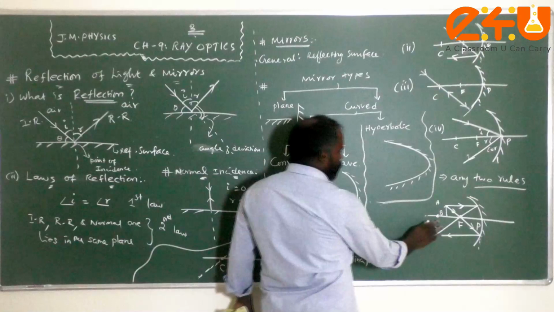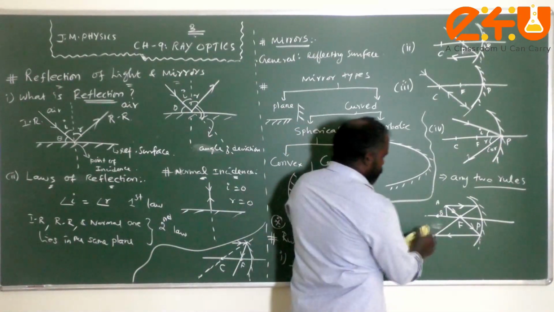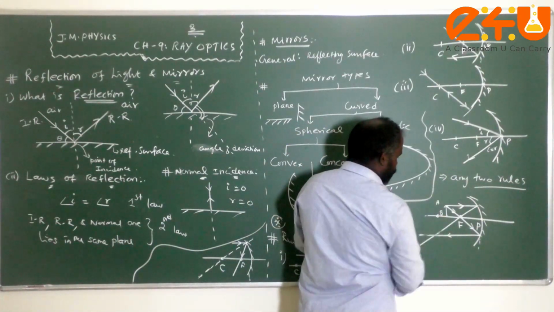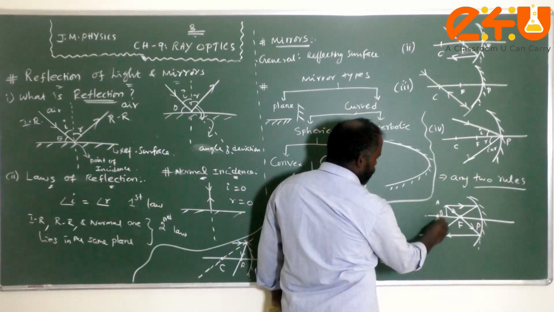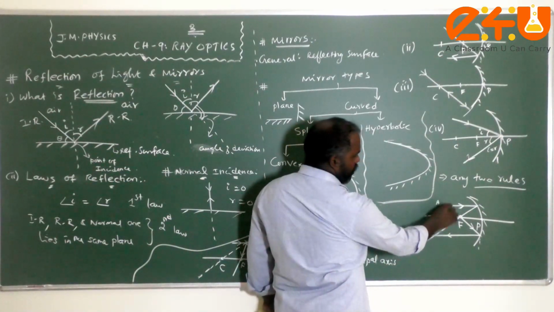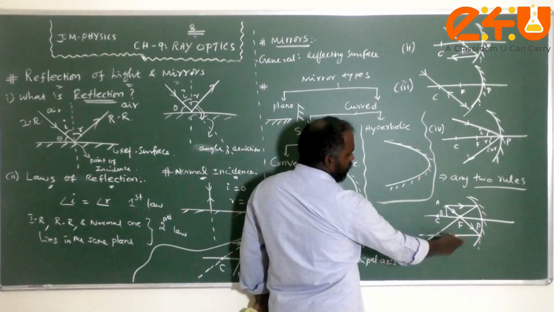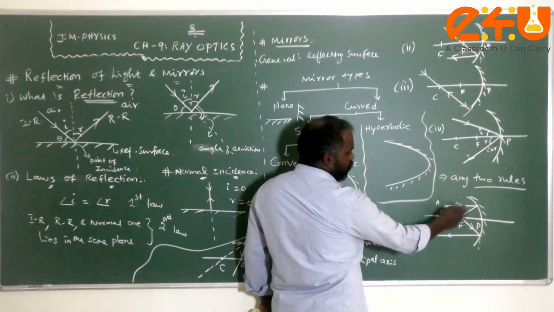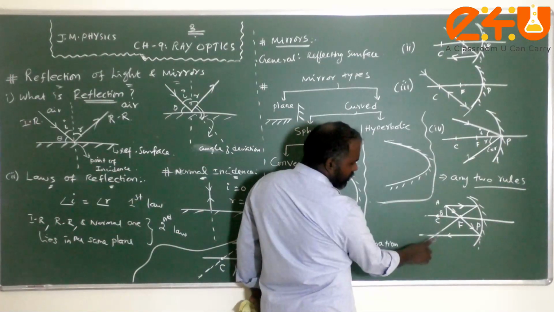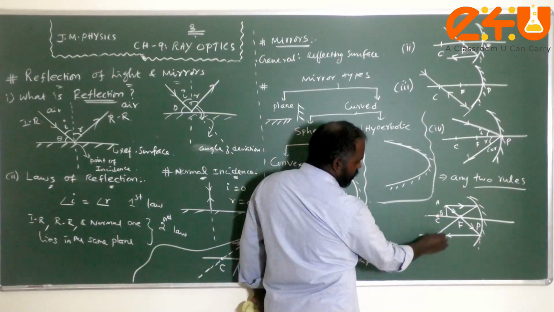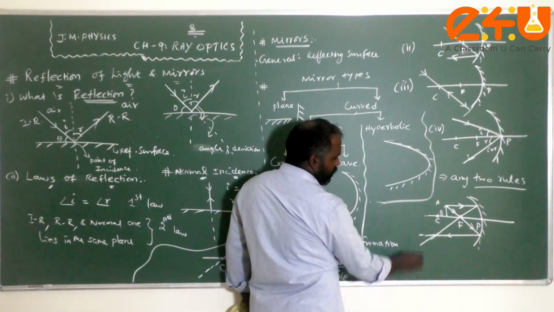After applying the 2 rules, the point of intersection of these reflected rays is the image. AB is the real object height. After applying any 2 rules, where these 2 rays meet or intersect, that is the position of the image. Okay, children.